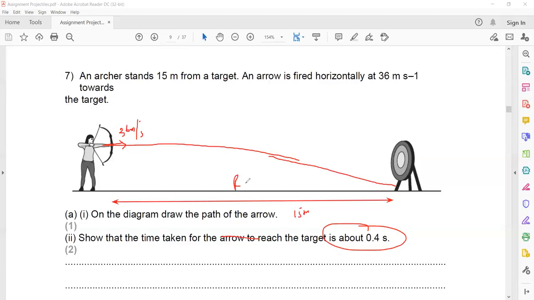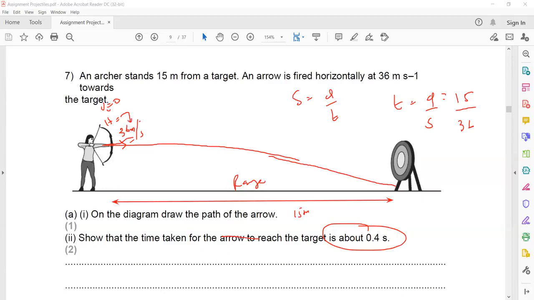So we have the range and we have the initial speed, and this is the horizontal speed, because the initial vertical speed is 0 and the horizontal speed is 36. We have the formula speed equals distance over time, so time equals distance divided by speed. Distance is 15 and the speed is 36.